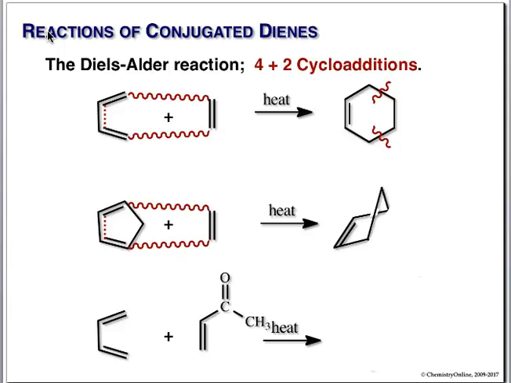This is going to be the cyclopentadiene part. These are our 5 carbons of the cyclopentadiene, and here's our new double bond. To that, we attached our dienophile down here.